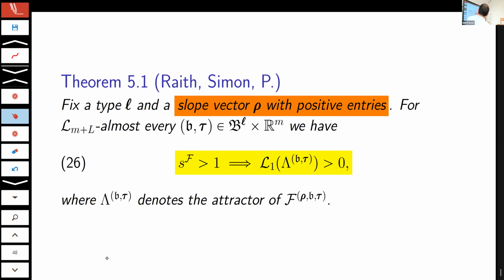So for Lebesgue almost every breaking points and tau parameters, we know that if the natural dimension is strictly larger than 1, then the Lebesgue measure of the attractor is positive. So we also have this nice result on the Lebesgue measure of the attractor. This notation here, lambda b tau, stands for the attractor of the system defined with these translations.